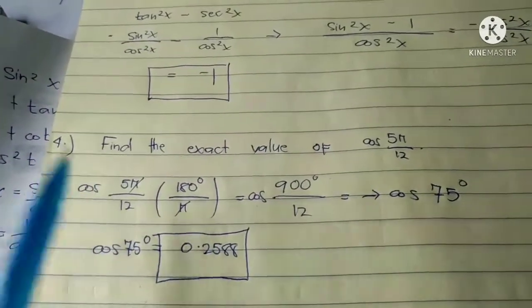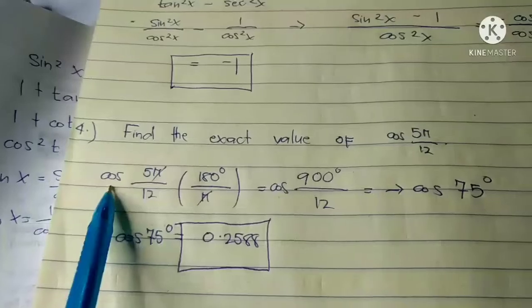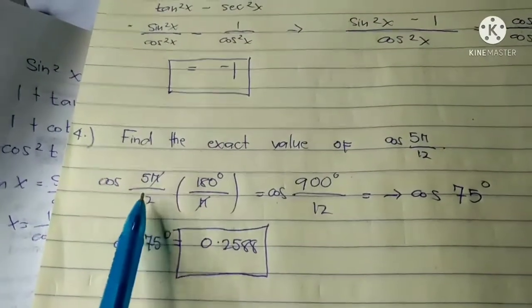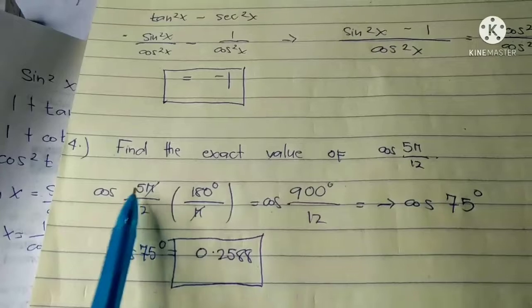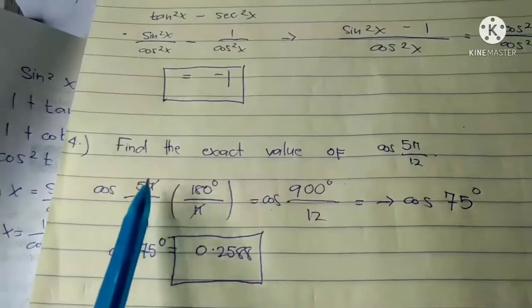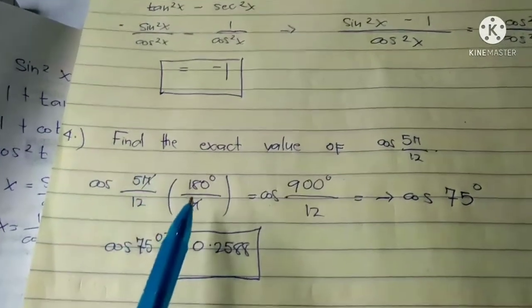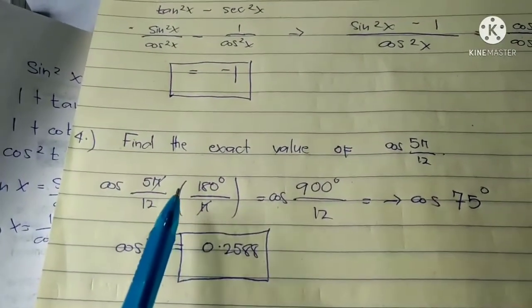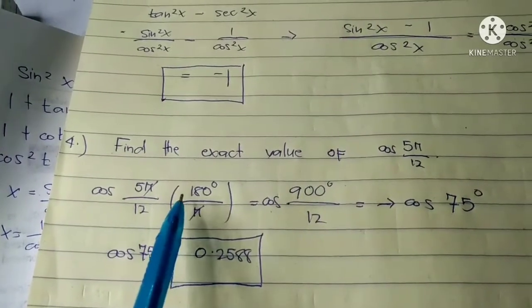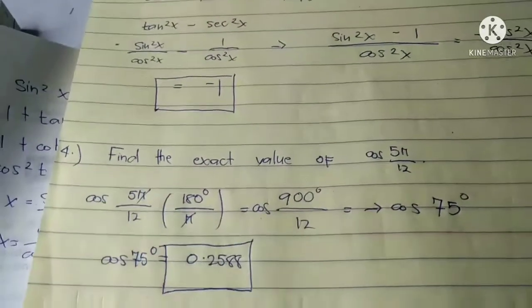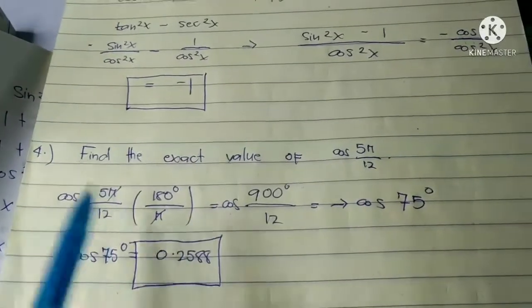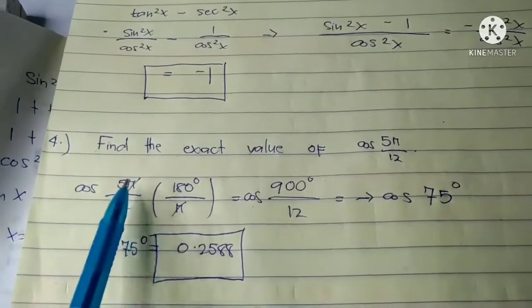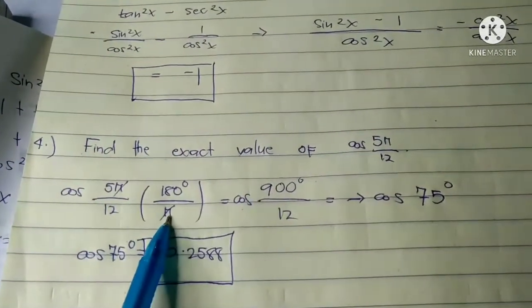First, we are going to convert 5 pi over 12 into degrees. To do that, we multiply it by 180 degrees over pi, because half of a circle is 180 degrees. As you can see, we can cancel out pi.